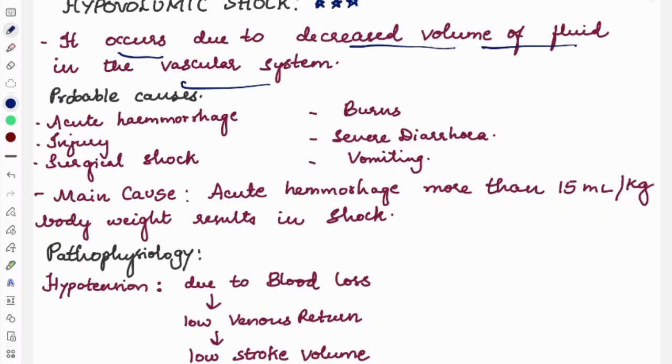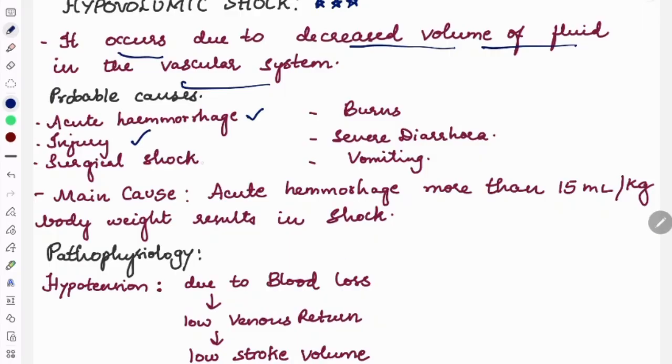So what are the causes of hypovolemic shock? It may be caused due to acute hemorrhage, that is acute blood loss due to external or internal factors. Injury, like in road accidents, causes blood loss, which will lead to hypovolemic shock.